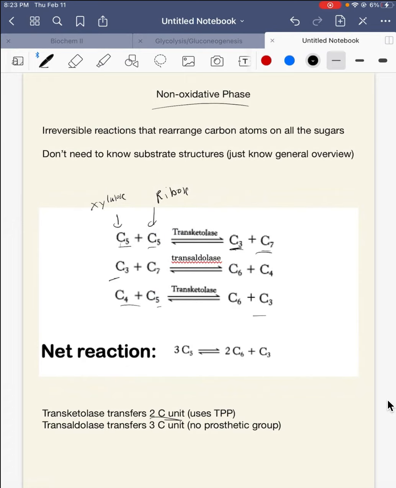Then the C3 and the C7 become C6 and C4. And then C4 and C5 eventually become C6 and C3. So this would be GAP. We'll go over these in more detail. And the C6 is fructose 6-phosphate. Those can be fed into glycolysis afterwards.